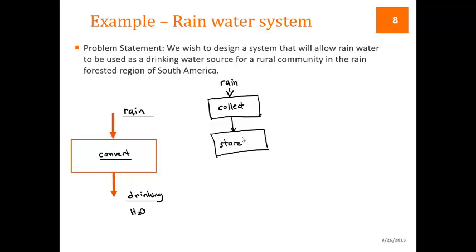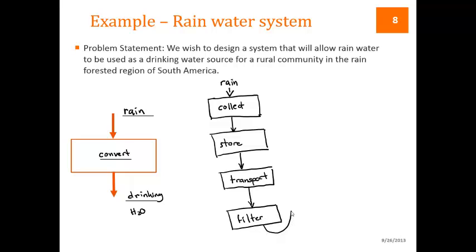Right? So it rains in the morning and we want to use it in the afternoon, so somehow we need to store the rainwater. And we've collected it in one location, but that's probably not where we're going to use it, so we might want to transport it. Okay, so now we've transported it. And we want to, I don't know, filter it perhaps, right? So that it's clean for drinking. So we filter the rainwater.